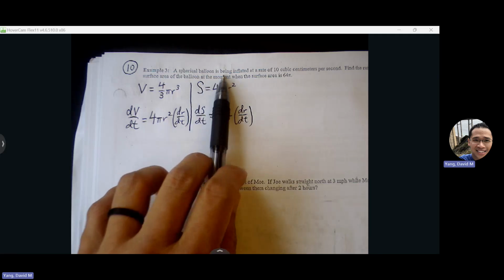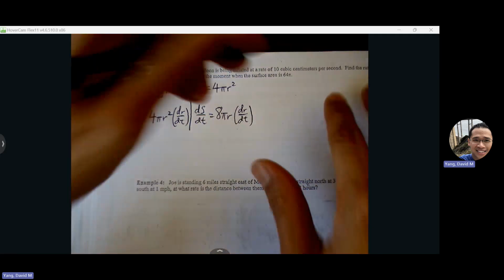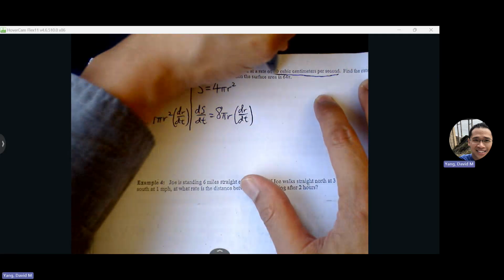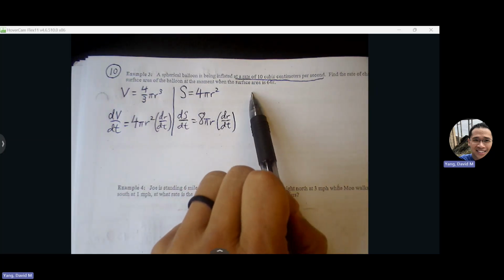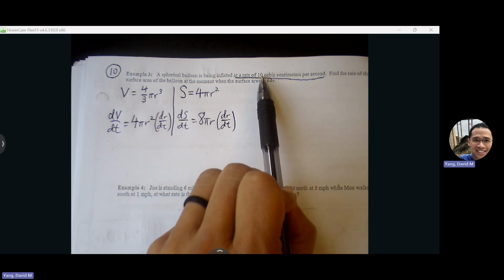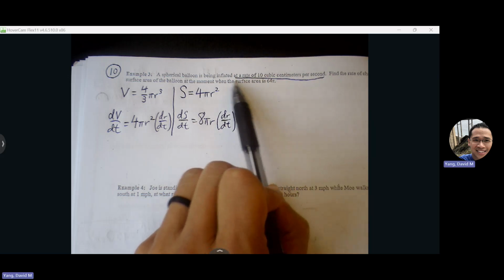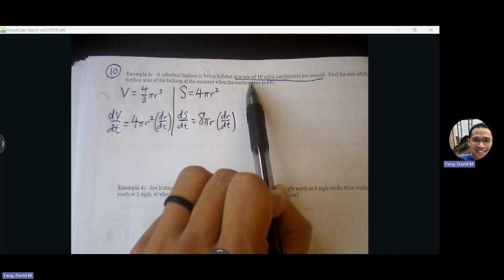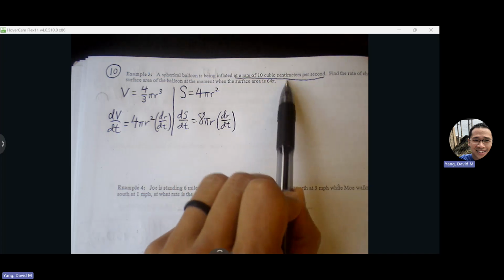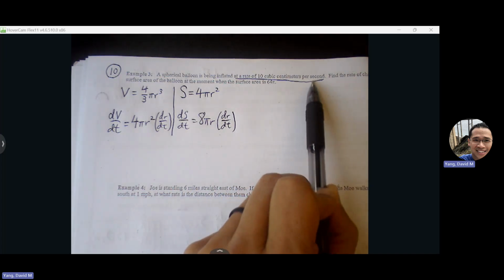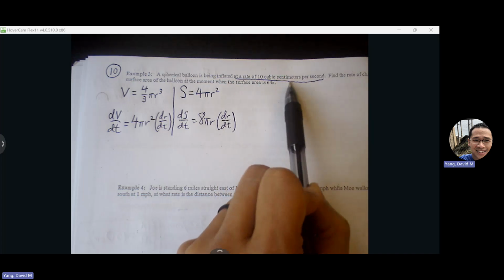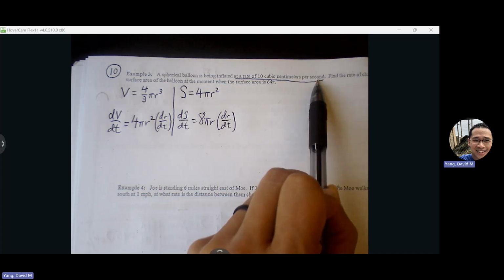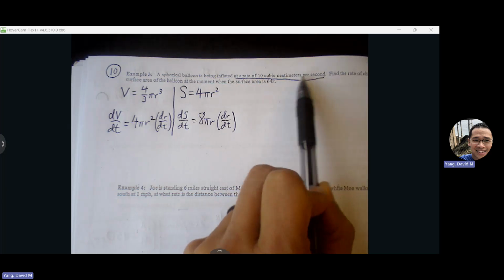So a spherical balloon is being inflated at a rate of 10 cubic centimeters per second. Can we identify what variable that could be referring to? Sometimes if you're having trouble deciding which value goes with what variable, look at the units. The units a lot of times are going to help you decide. You see cubic centimeters, so it has to involve volume. But then you see per second, so it has to be volume with time in it.